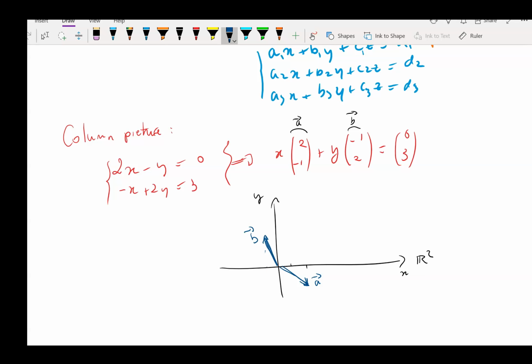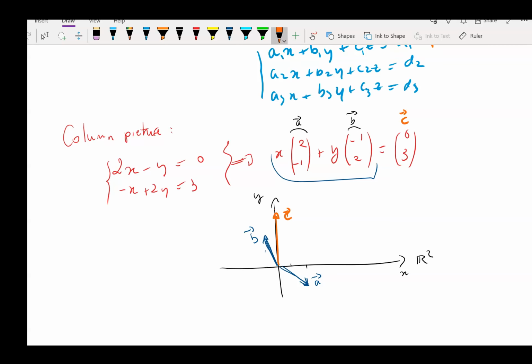And the idea is, can I do this kind of operation with my two vectors, multiplying A by a value x and adding B times the value y, such that I obtain this vector?